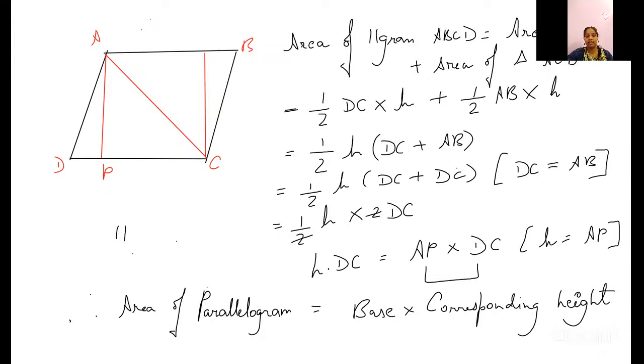Since it was there in your text, I have done it with you, so now you know. But it is probably not asked, very less chances. Yes, Cedric, ma'am, two triangles put together always make a quadrilateral.